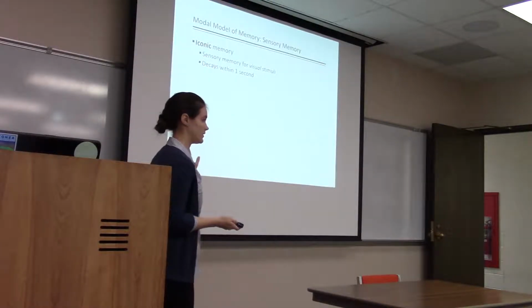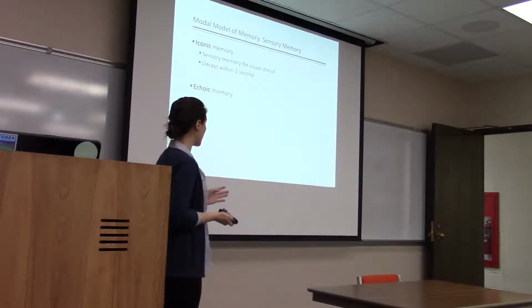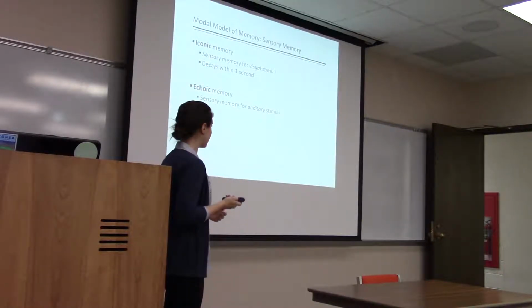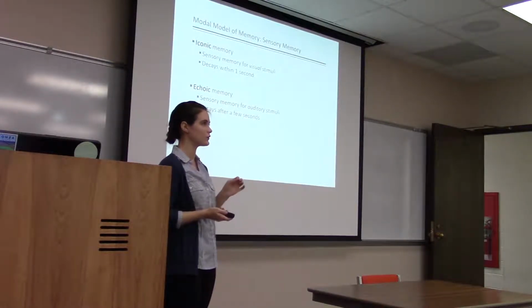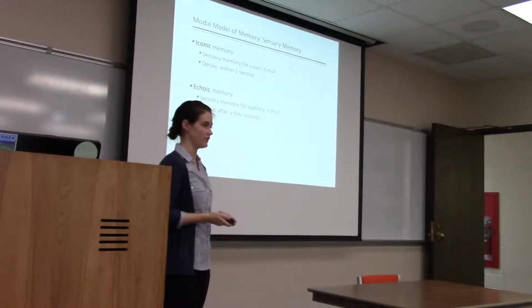And so iconic memory is your sensory memory for visual stimuli, and it decays within about 1 second. And so this is what we saw with the Sperling experiment. But there's also echoic memory, which is just the sensory memory for auditory stimuli. And this type of memory actually lasts ever so slightly longer than your visual memory, so it decays after a few seconds.